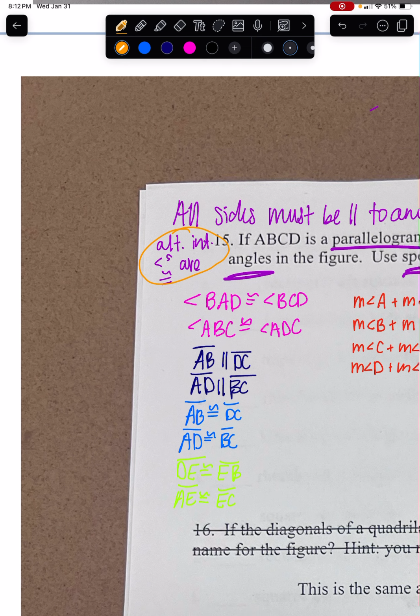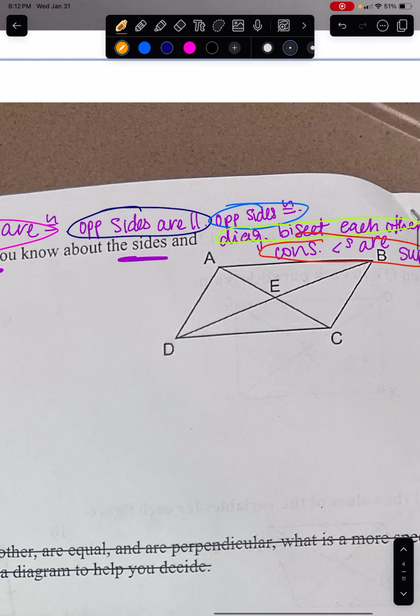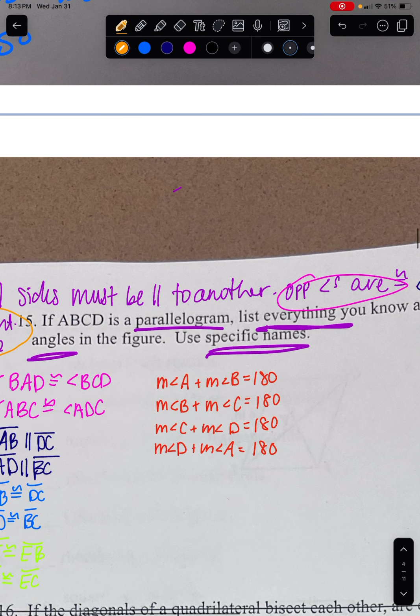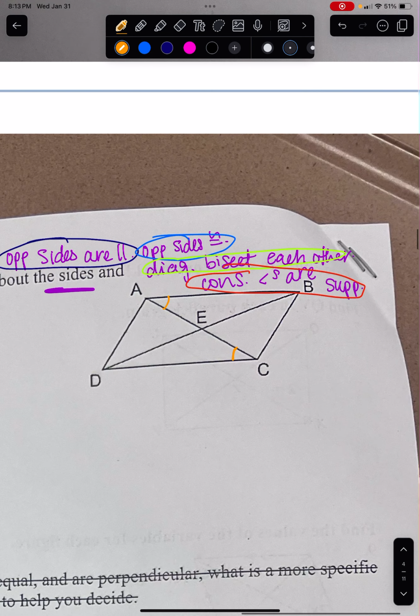Alternate interior angles are congruent. Well, what do we have alternate interior? That would be like this angle and this angle. That's angle BAC is congruent to angle ACD, because you have this.